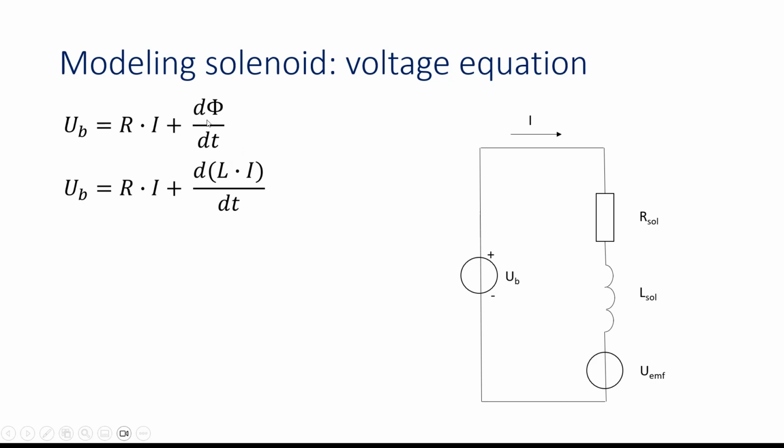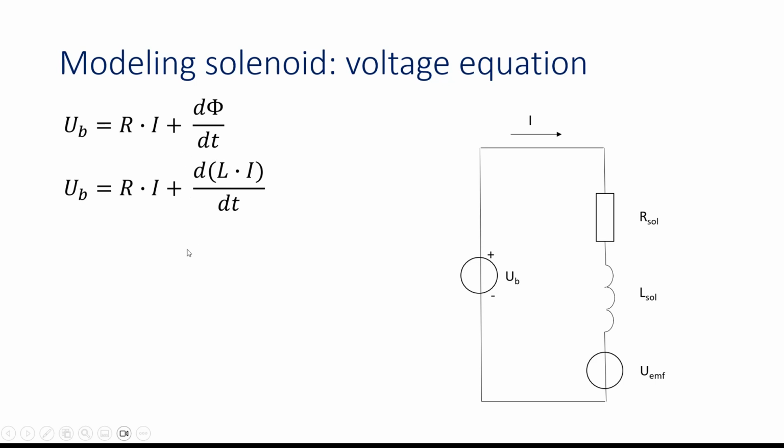We've seen that the flux is equal to L times I, so we can say the applied voltage is equal to R times I plus the derivative of L times I with respect to time. But keep in mind that that inductance value L is not a constant value, so we may not put it in front of the derivative.